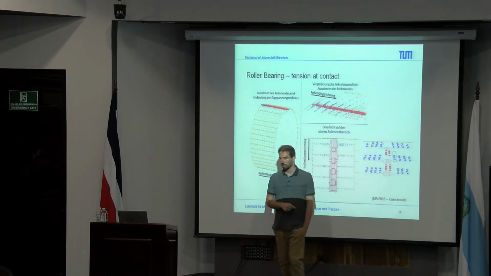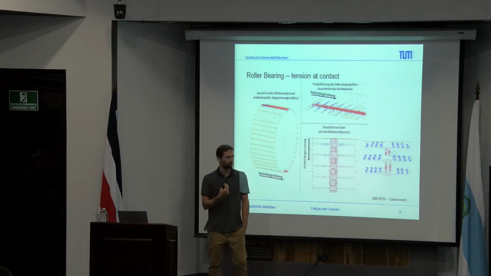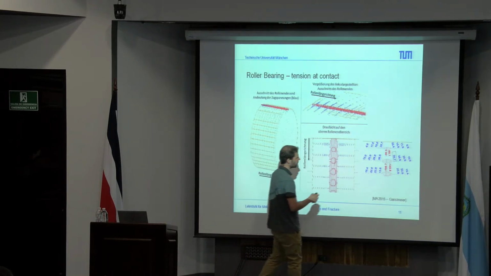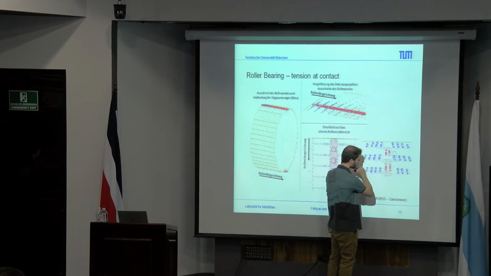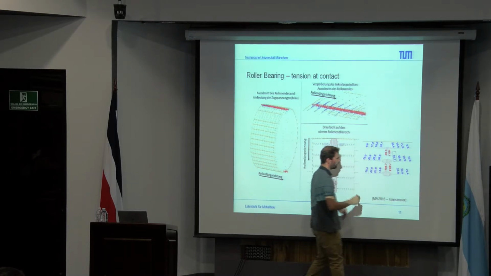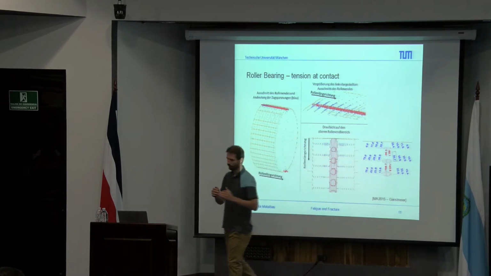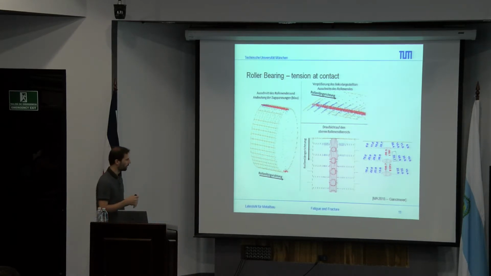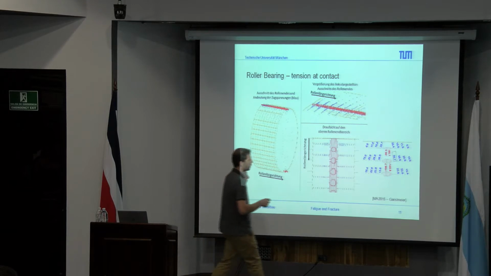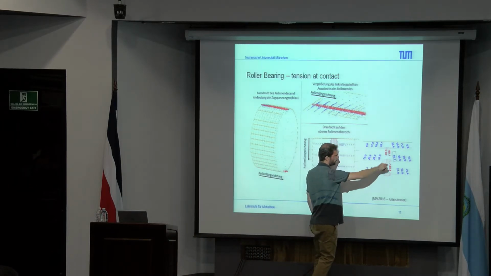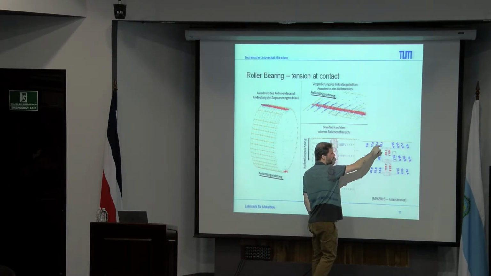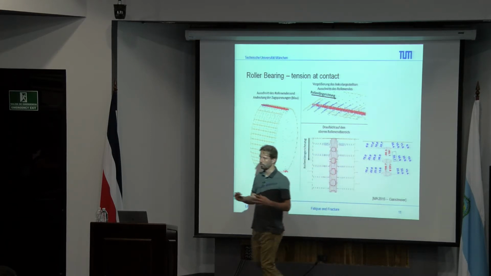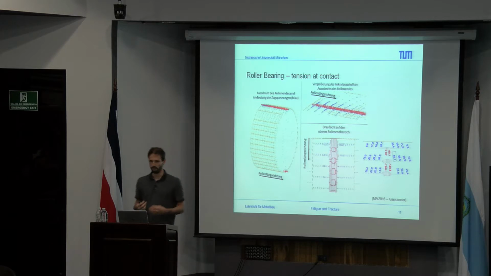Due to this tension, of course, it is also acting on our crack tip. But also at this part, there is some shear stress, which is acting directly at the end of the roller bearing onto cracks next to the ending.